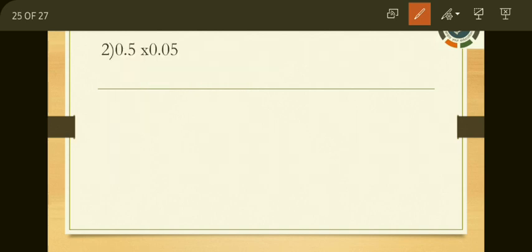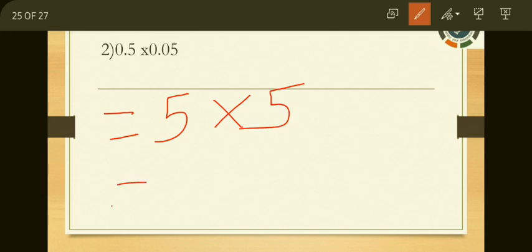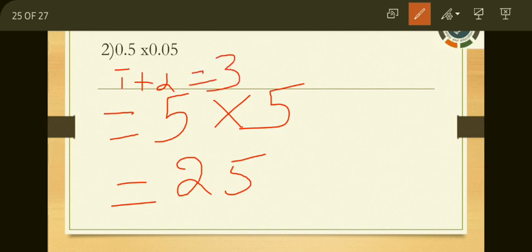Let us see the next example. 0.5 into 0.05. What is the first step? We ignore the decimal point. 5 into 5. 5 fives are 25. Now look at the question. Here decimal point after how many digits? 1. Here, after how many digits? 2. So totally how many digits? 3 digits.